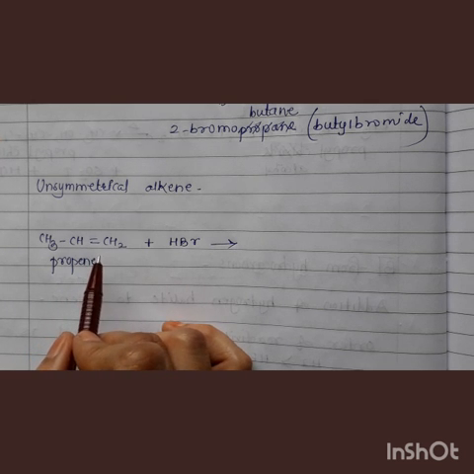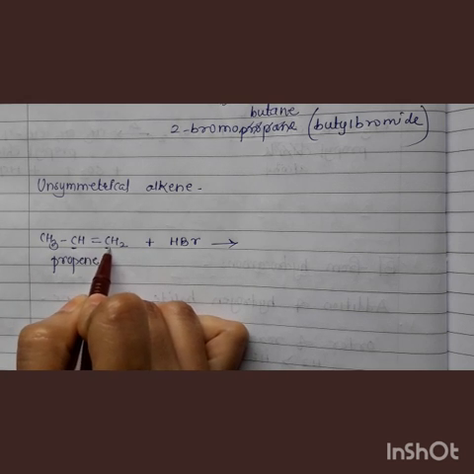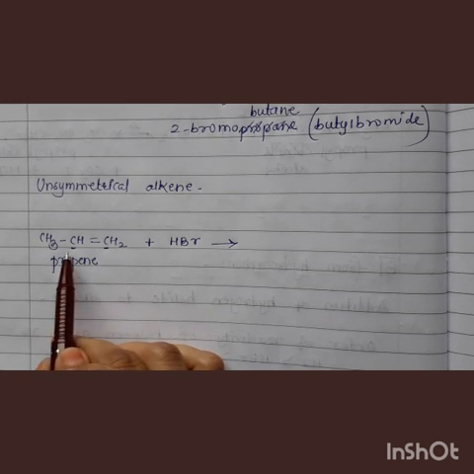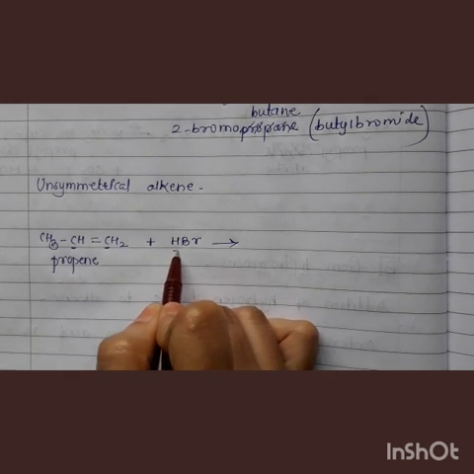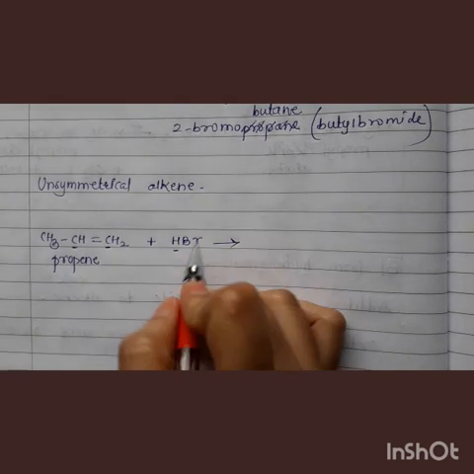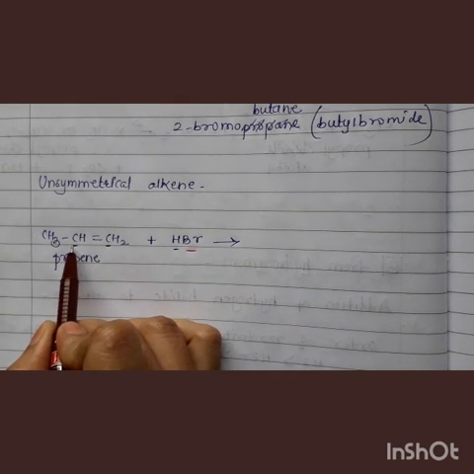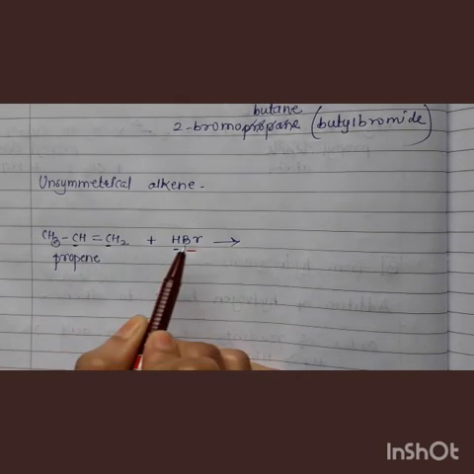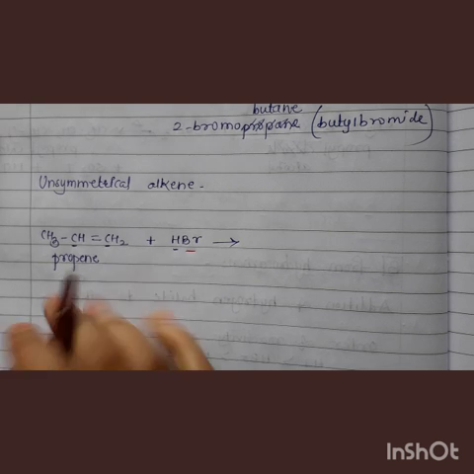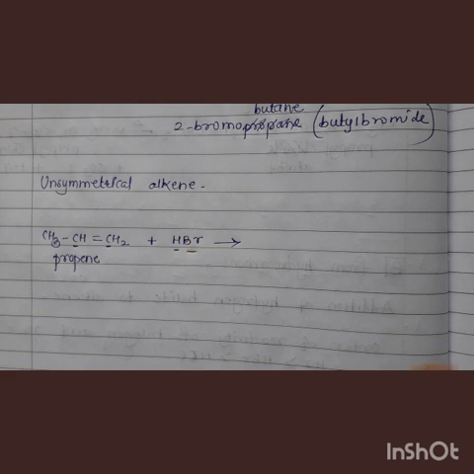So now we have to think on which carbon atom, of these 2 carbon atoms we are going to consider, hydrogen will get added and on which carbon atom bromine will get added. Now here Markovnikov's rule we have to follow. What is Markovnikov's rule? You have studied this in standard 11. This reaction also you have studied.